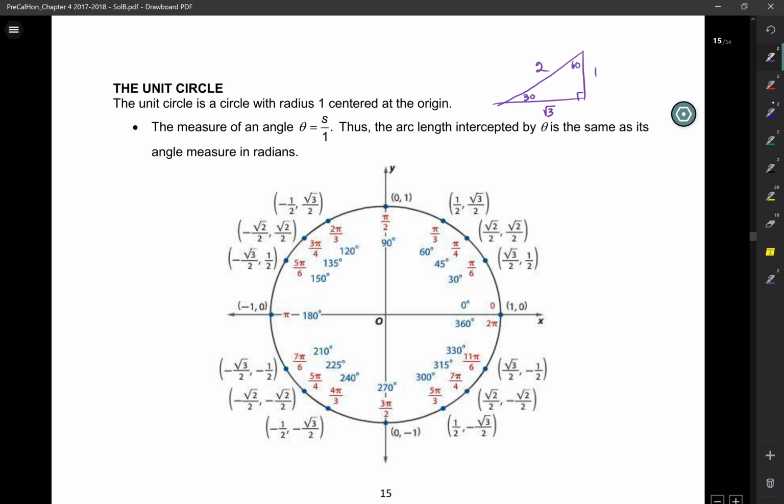This is 2 times the short leg. Well, fine. But on the unit circle, is that a radius? Is this a radius of the unit circle? In a unit circle, how much is the radius always? 1. So if that's 1, this triangle can't fit here because that has a length of 2. That means I have to rescale my triangle.